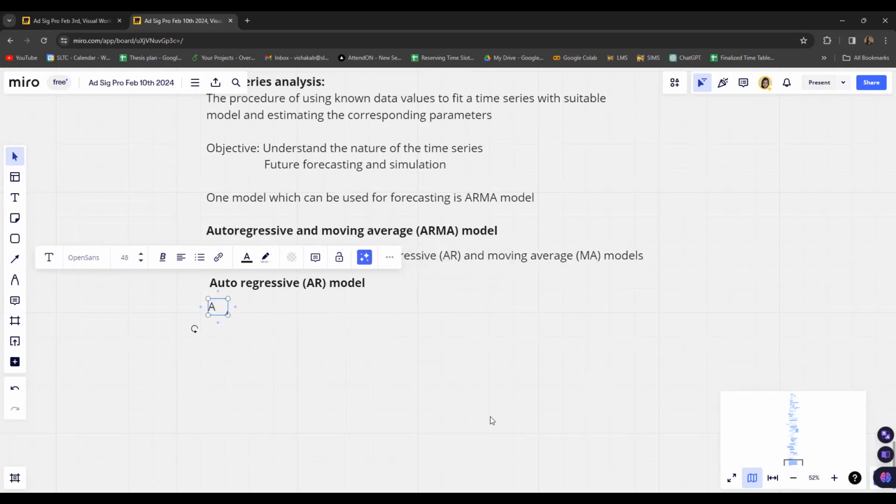This AR model can be defined in a certain manner. The autoregressive model is used to mathematically show how a certain time series is functioning.